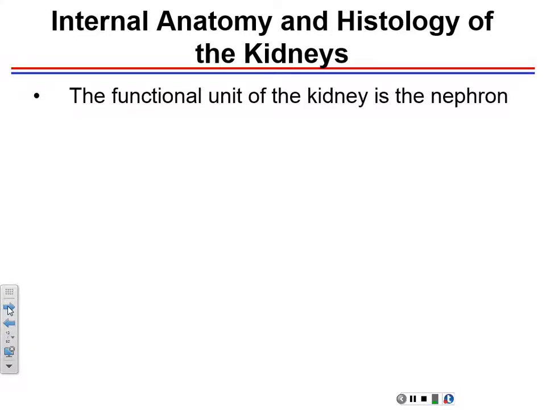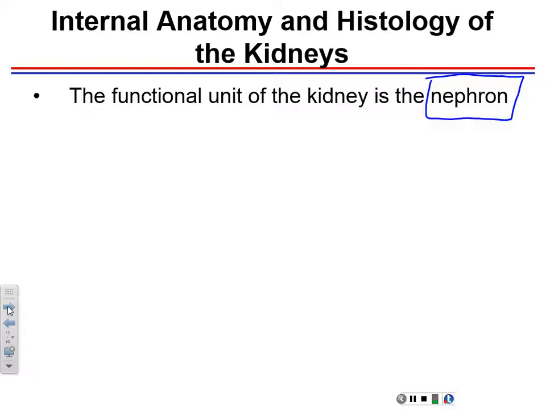Okay, so the functional unit of the kidney, like I said, is the nephron. It's a series of tubules that start with the afferent arteriole going towards the glomerulus, which is like a tuft of capillaries. And then the efferent with an E goes out, okay?